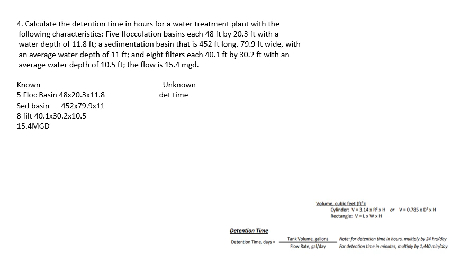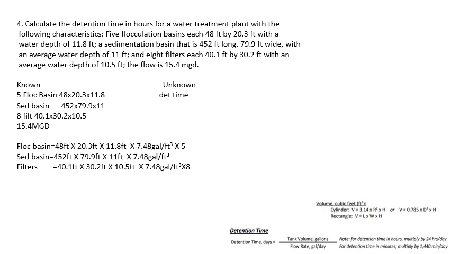We just added another step, made this an even bigger problem. So your basins and your filters are all rectangle or square, so we use the formula for rectangle volume in gallons, length times width times height. And again, I went ahead and added the 7.48 gallons per cubic foot just to make this one smooth formula.